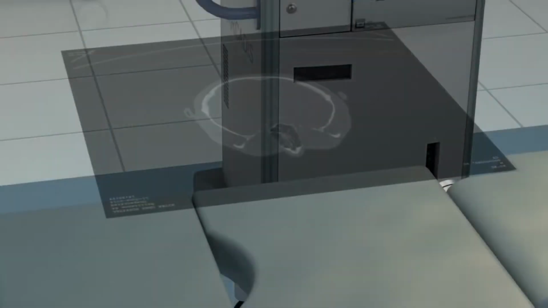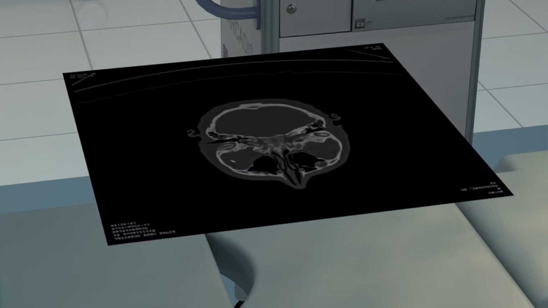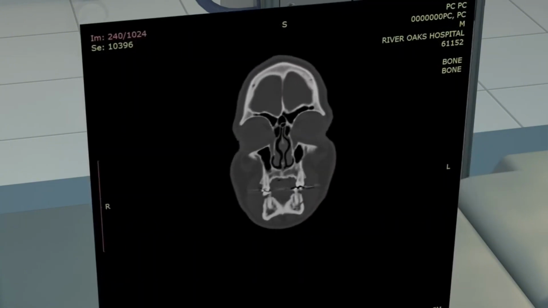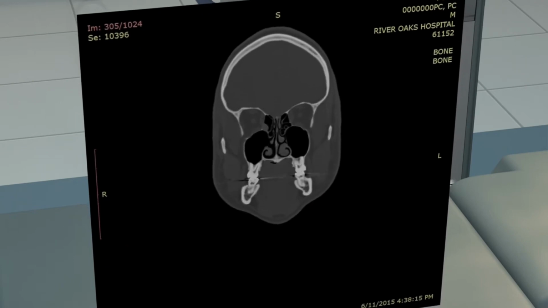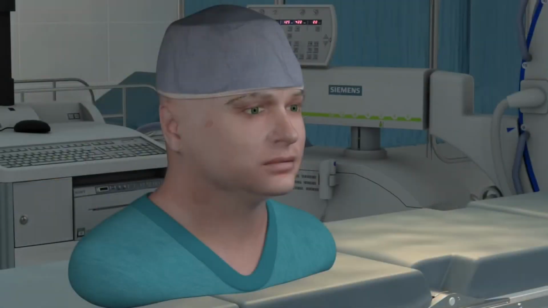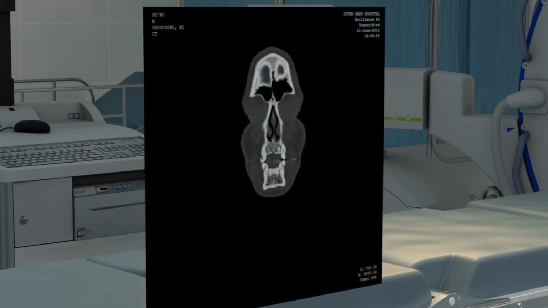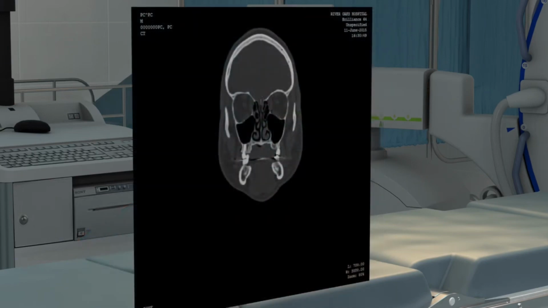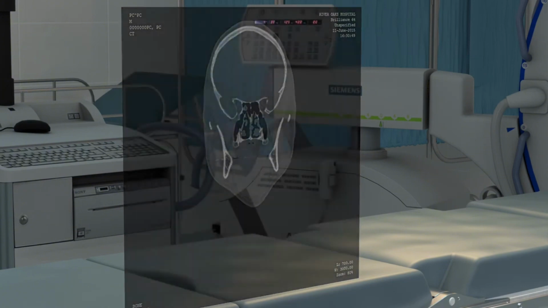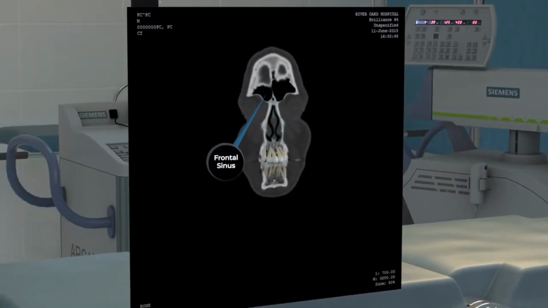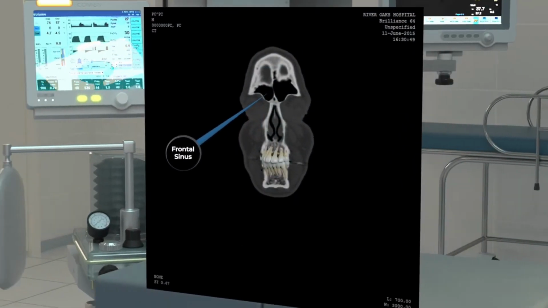CT scans and other X-rays complement the physical exam when evaluating patients with sinus and nasal problems. The most common type of X-ray used is the coronal CT scan. Let's look at 3 CT scan slices and the basics of sinus radiology. The anterior slice shows the frontal sinus and the incisors.